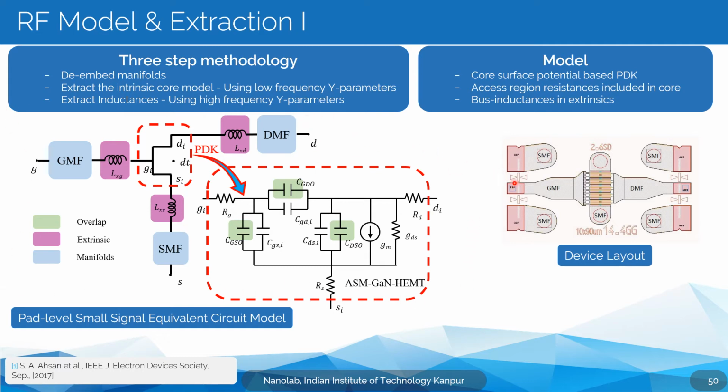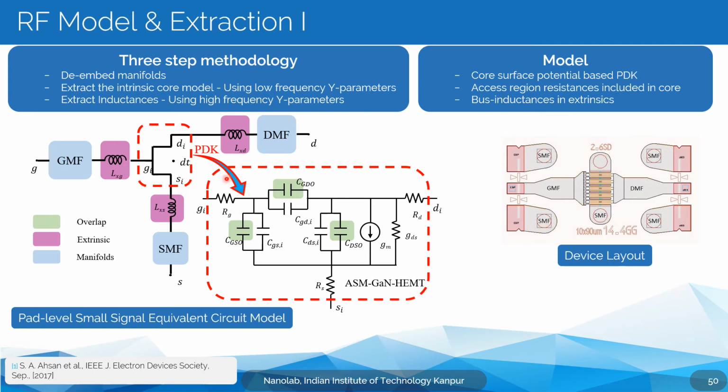As you can see, these are the gate manifolds and the drain manifolds, which basically help you connect to the actual device. And then these are the source manifolds, again metallic sheets or metallic pads which add a certain capacitance and a certain inductance to the overall device.